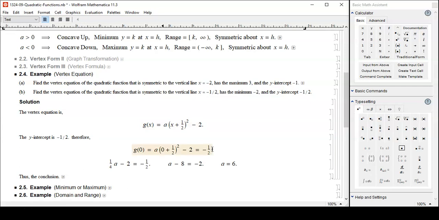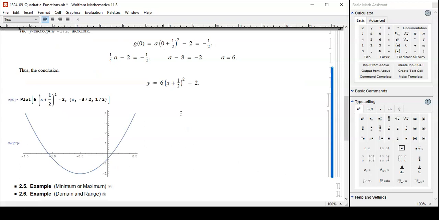From here, I can find out the a value. 1/2 squared is 1/4, so 1/4 a minus 2 equals negative 1/2. Let's solve for a. Step 1, multiply by 4 to clear the denominator, so we have just a; 2 times 4 is 8, and negative 1/2 times 4 is negative 2. So a equals 6.